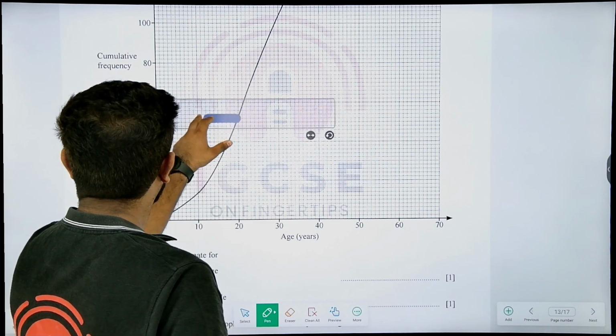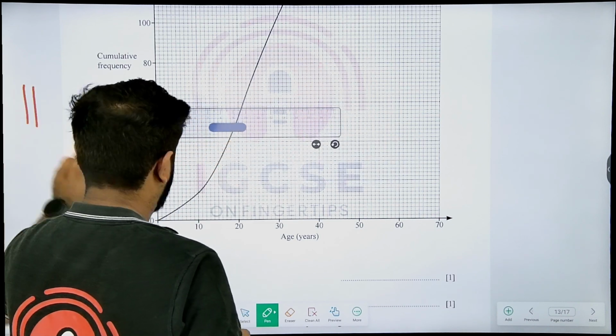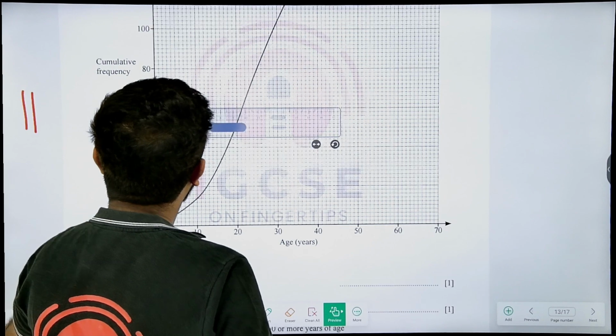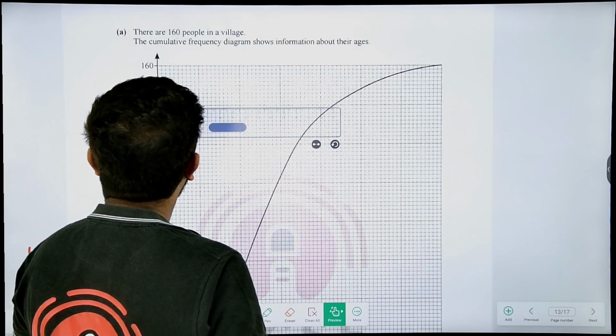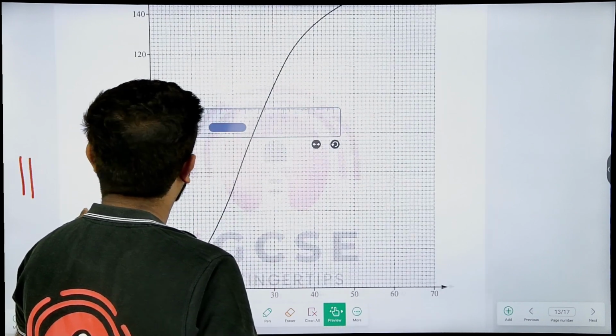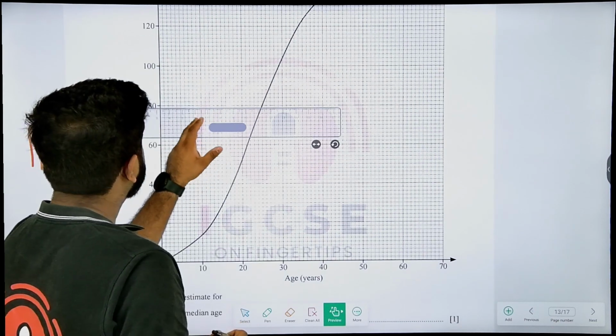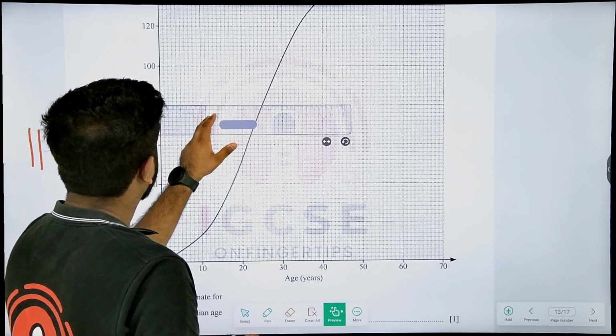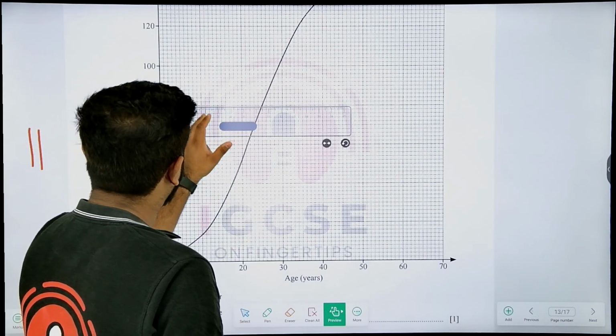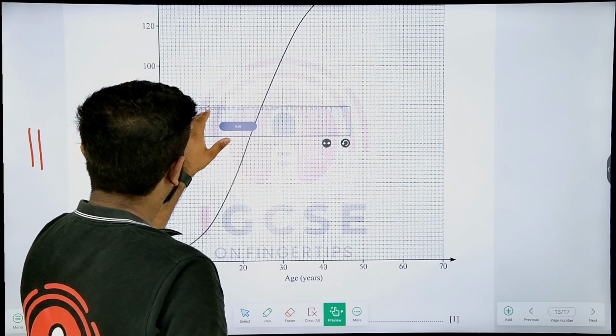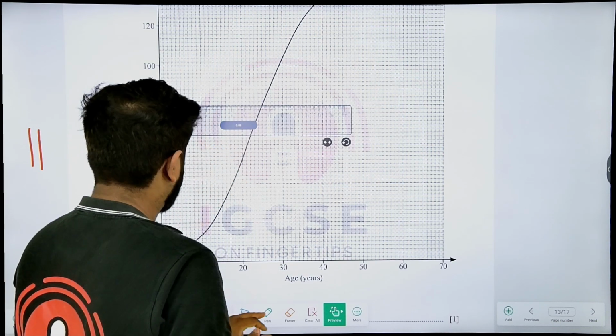So 50% means there were 160 people in the town, right? If I'm not wrong, let me verify. Yes, there were 160 people in the town. So median means half of that, which is 80, right? So let me draw a line.